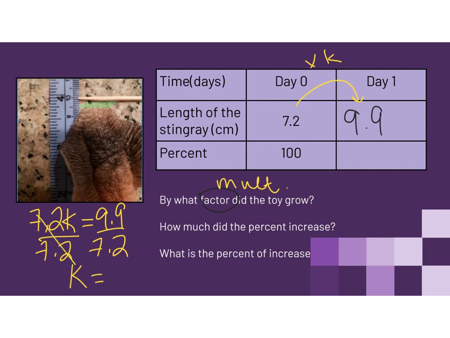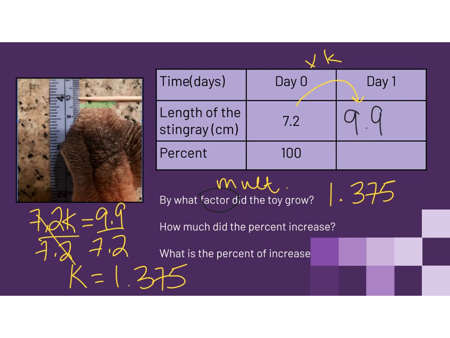So 9.9 divided by 7.2 is 1.375, or 1 3/8. But of course I'm going to use a decimal. Okay, so that's my multiplier. So what percent is it now?